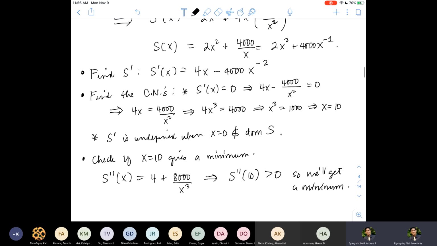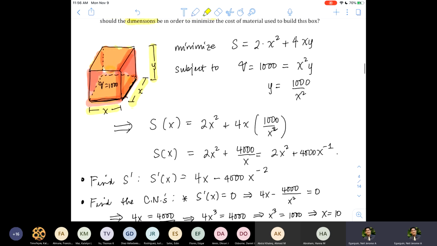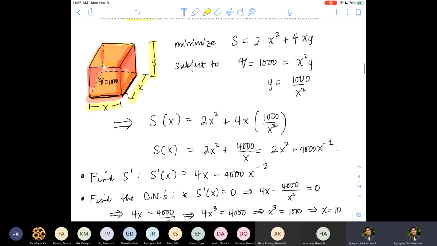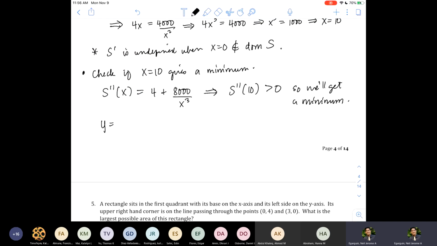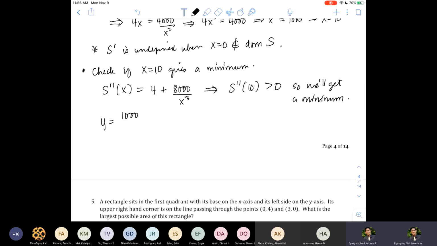And then look back at the question. What is it asking for? It's asking for the dimensions. So we need to give both x and y, right? So we solve for y, but y is equal to 1,000 over x squared. So we'll have 1,000 over x squared, but x is 10. So that's going to be 10, right?